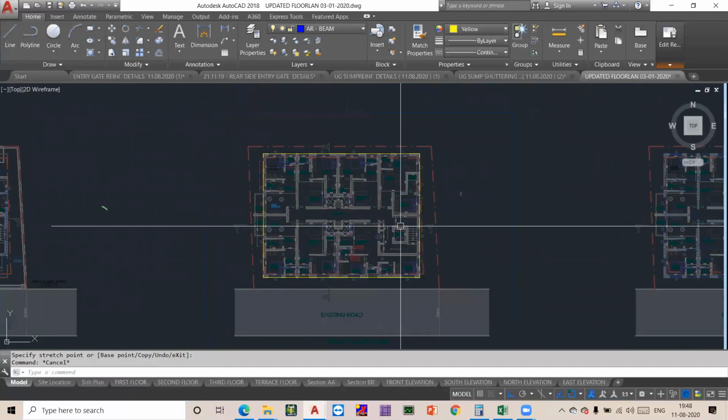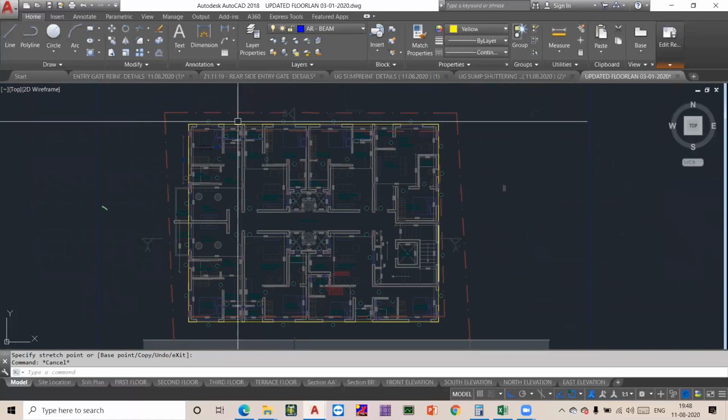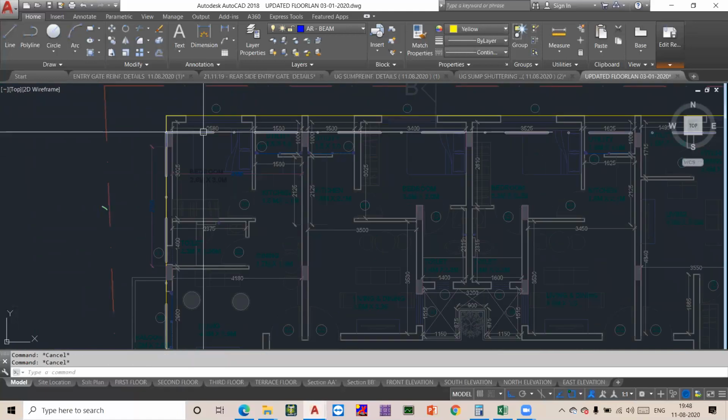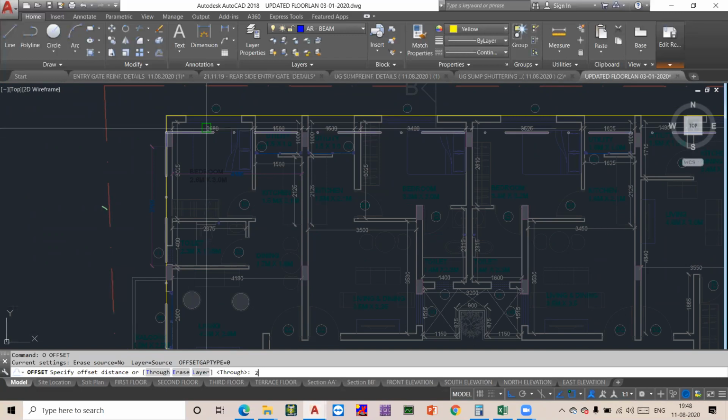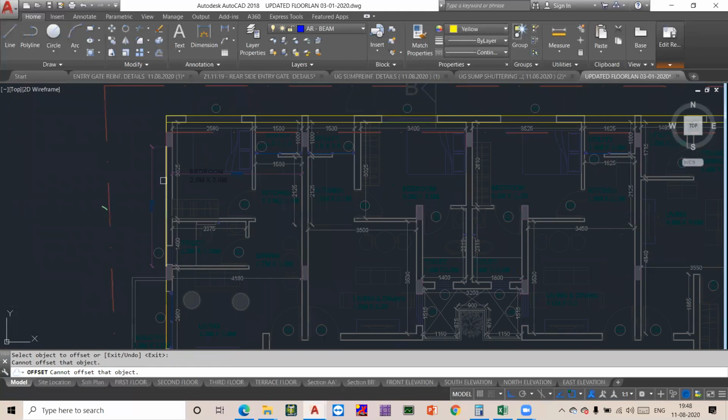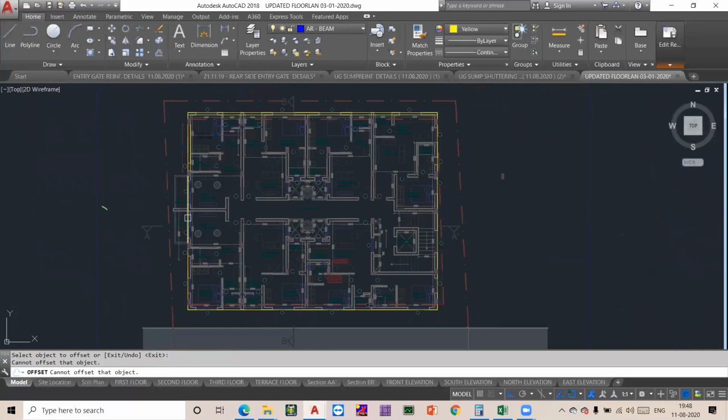Okay. On drawing outer lines first, we will be using the command called offset. Offset to a distance of 200 mm. So all of your beams will be offsetted.